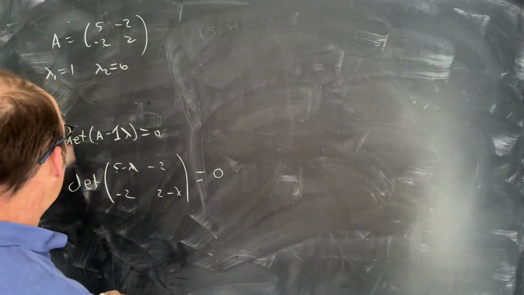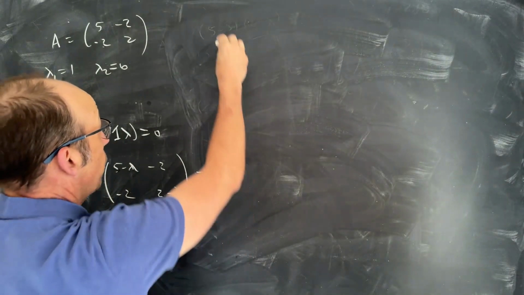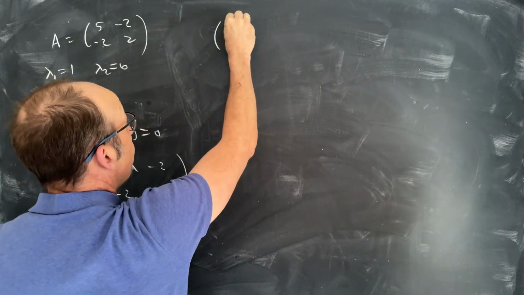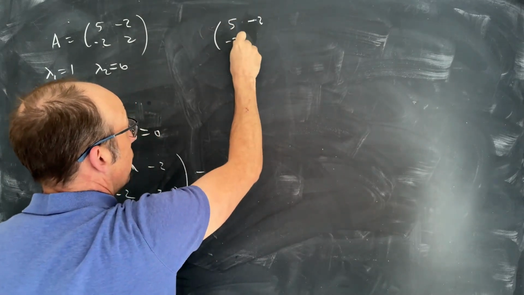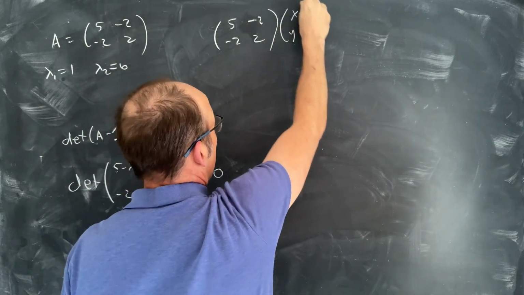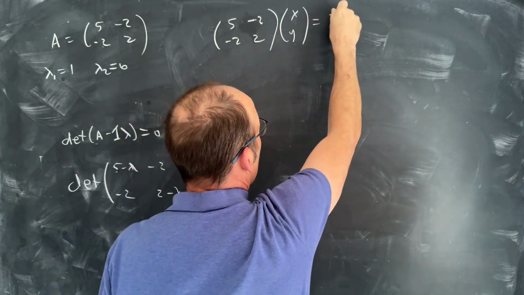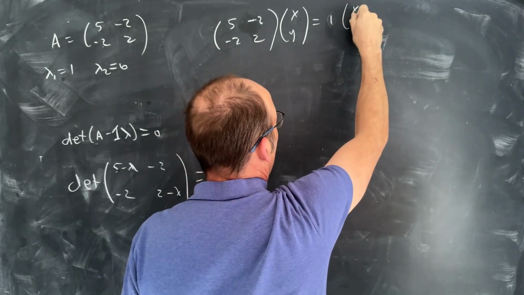If I assume lambda equals 1, then I can write the following equation: the matrix 5, negative 2, negative 2, 2, operated on some vector x, y, I don't know what that is, gives lambda, which is just 1, times x, y.